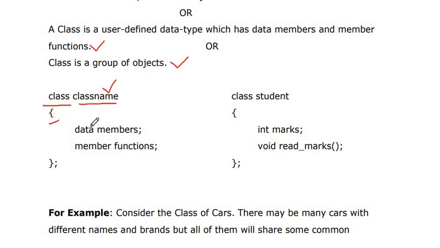Next, within the body either we can write data members or member functions, or both data members and member functions. Next we have to write closed bracket. The closed bracket is always followed by terminating semicolon. This is called declaration of the class.